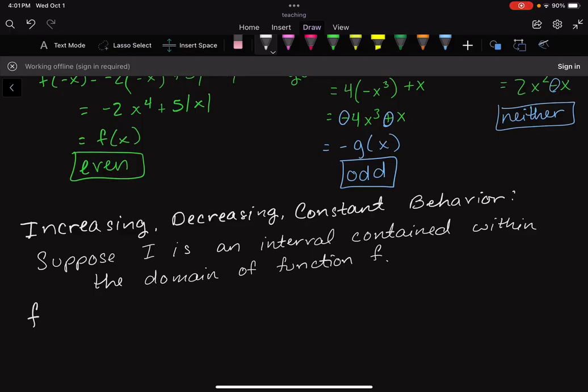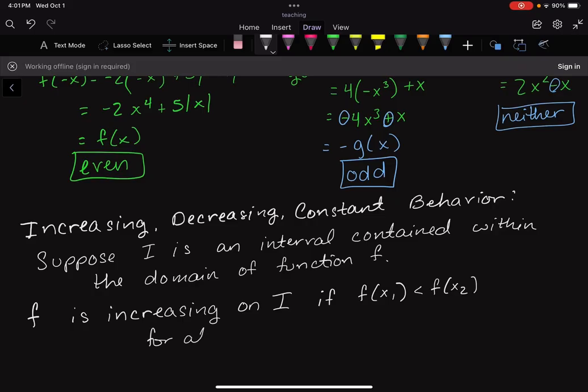F, our function, is considered increasing on the interval I if f of x1 is less than f of x2 for all x1 less than x2 on the interval.